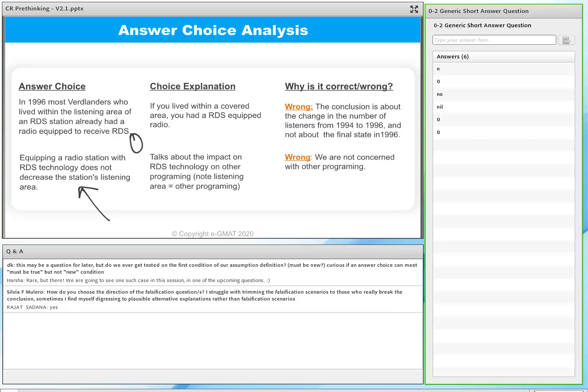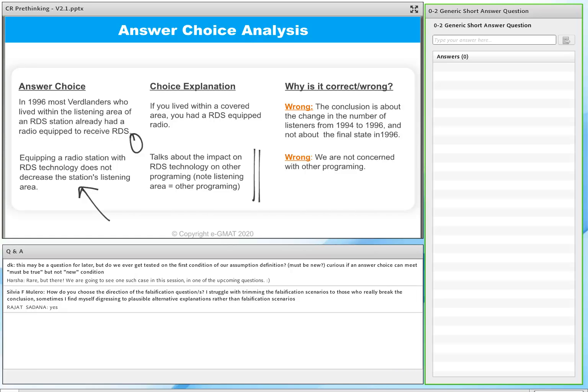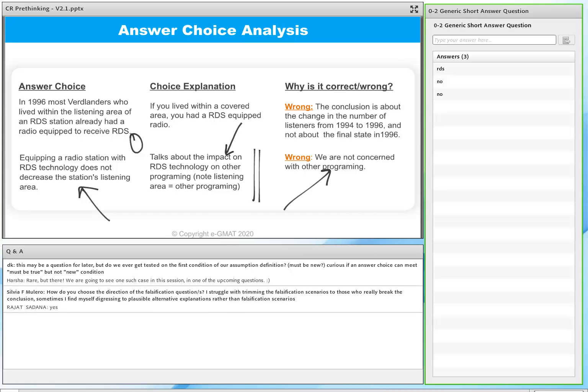So when you look at this answer choice, equipping a radio with RDS technology does not decrease the station's listening area, am I going to impact the range of RDS programming or non-RDS programming? Non-RDS, right? Because RDS doesn't have a range. And are we concerned about that programming? No. What if earlier a radio station had a range of 1 kilometer for regular programming, and now we equip it with RDS technology and its range decreases to half a kilometer?